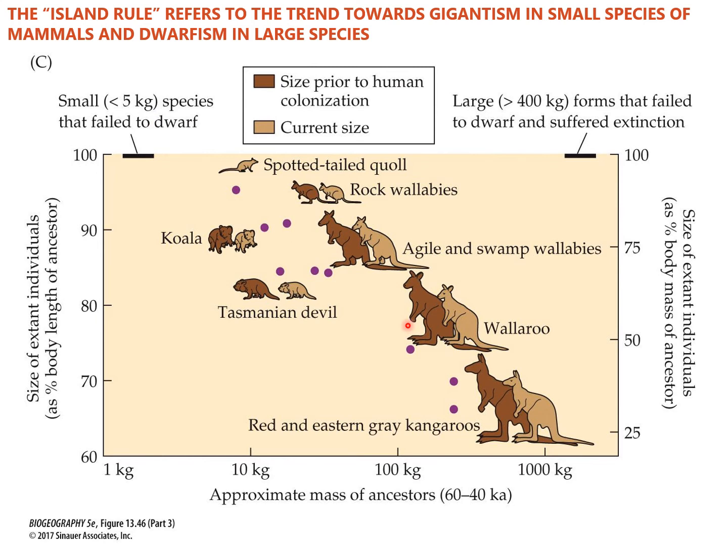And you get these interesting things that show up when you add human dynamics into this. So here we're looking at the approximate size of the ancestors and the size of existing individuals, and whether it's the current size or the size prior to colonization. We can see that you get this decreasing trend, even within these different groups.